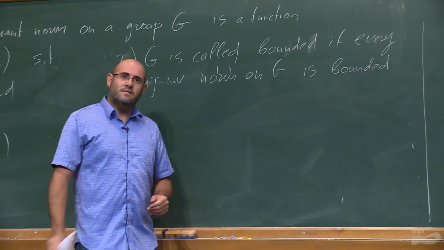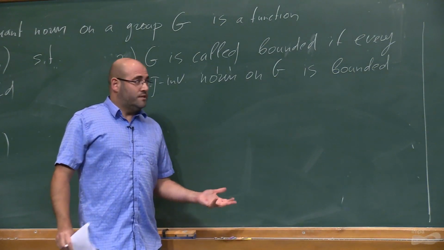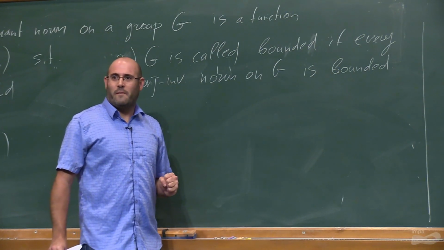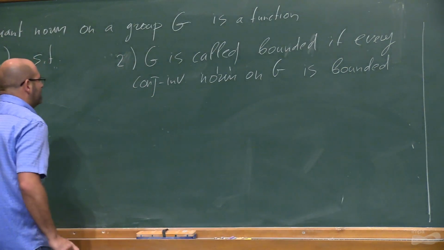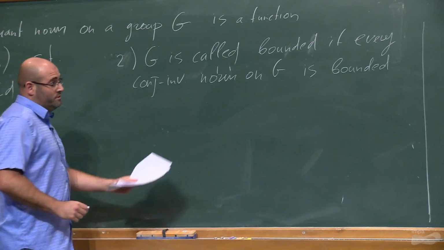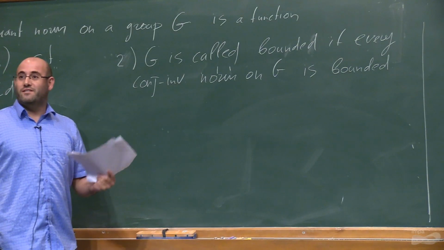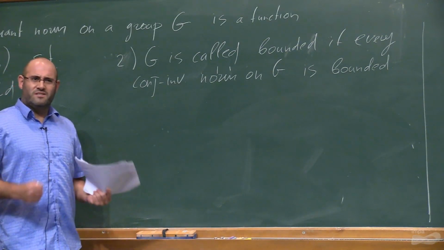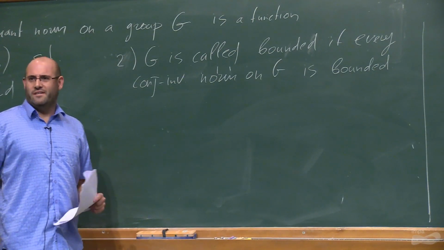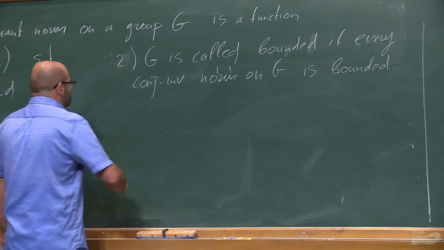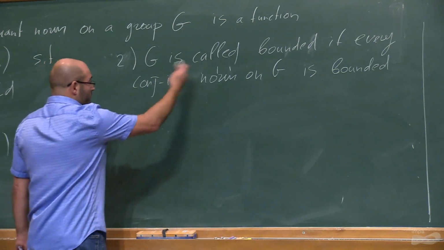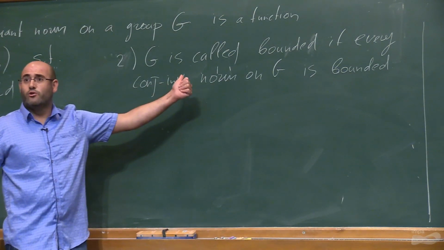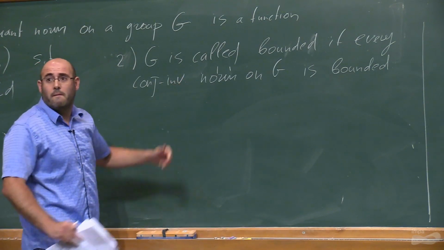This is in some sense a really non-trivial result. On the other hand, it's not so difficult to prove. And on the other hand, SL_2(Z) is unbounded. This is not so strange because there is an F_2 inside of finite index. Otherwise, if there exists at least one norm which is unbounded, then the group is called unbounded.